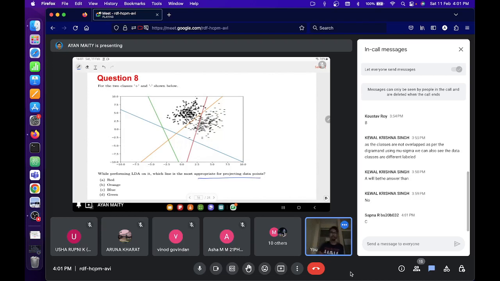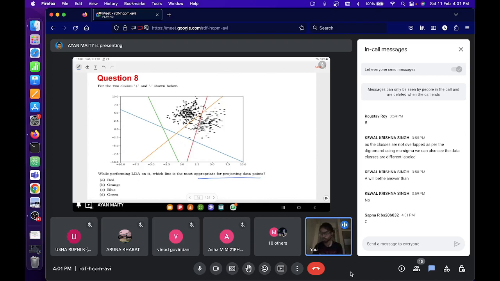I have already told you that LDA is used for both classification and dimensionality reduction or feature reduction. Similar to PCA, it tries to find those projection lines on which the data points can be projected, with the two objectives that I already discussed.